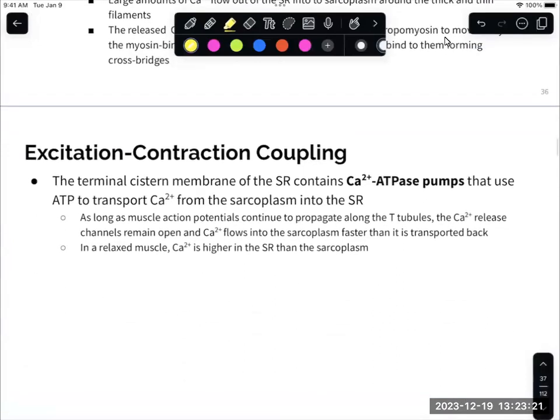We get calcium back into that sarcoplasmic reticulum through calcium ATPase pumps, meaning we use ATP to put calcium back into that sarcoplasmic reticulum. We store that calcium there when our muscles are relaxed.